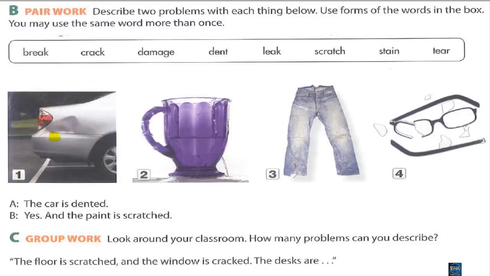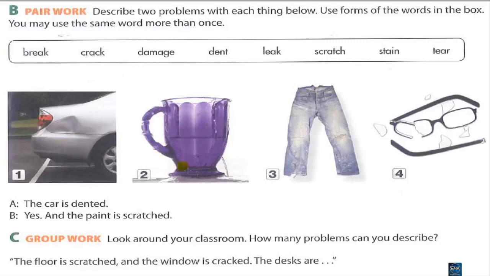Like number 1, look at the picture. What do you see? This is a car and the car is dented. The car is dented and the paint is scratched.